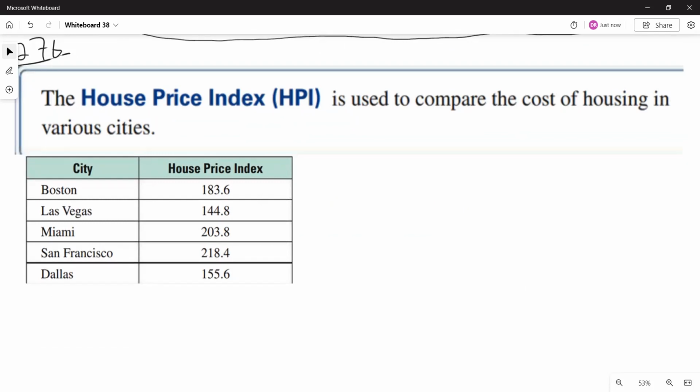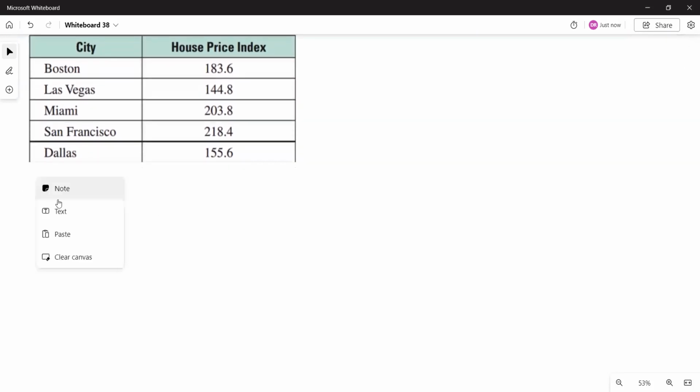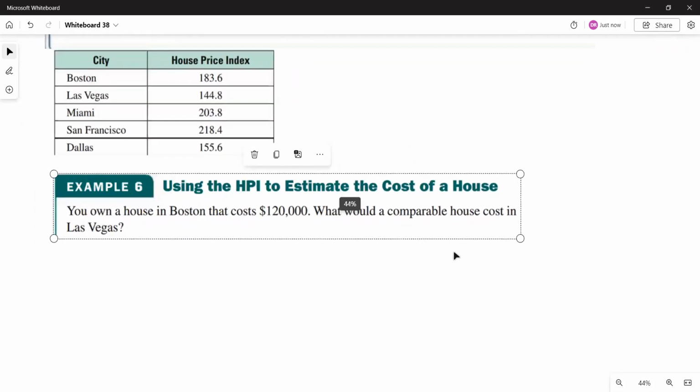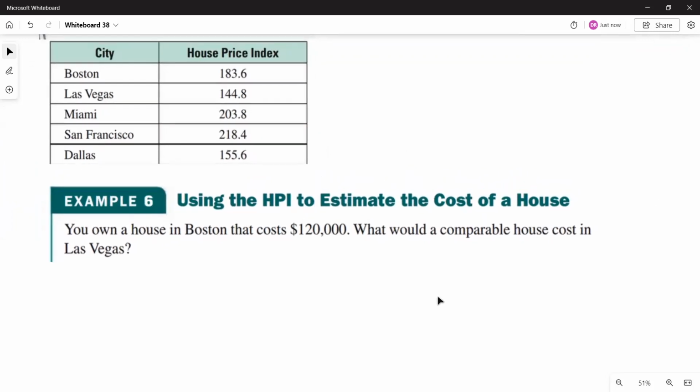So we're going to go over example 6. And by the way, this is just an exercise. This is not a reflection of reality, in the sense that a house in Boston doesn't cost $120,000.